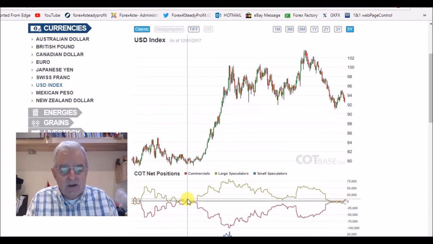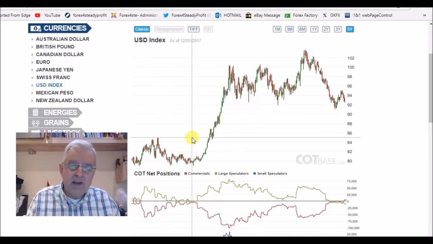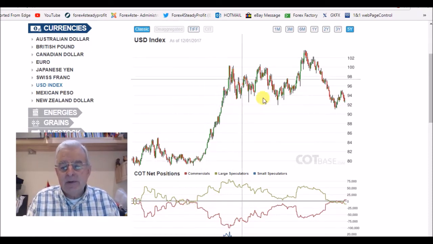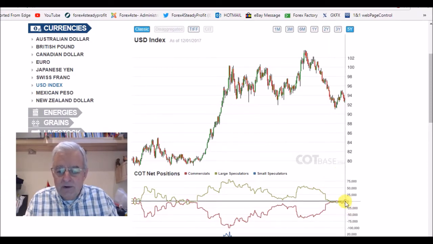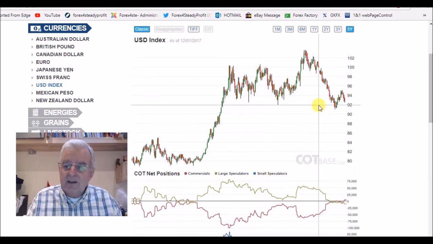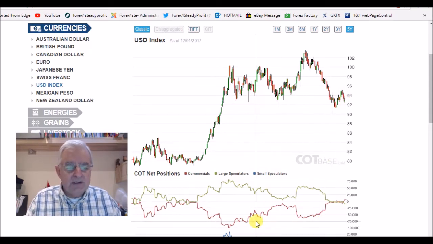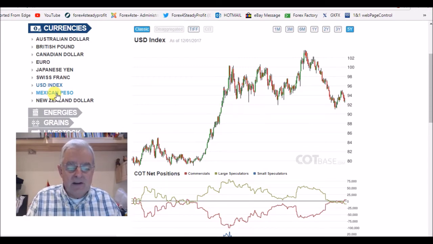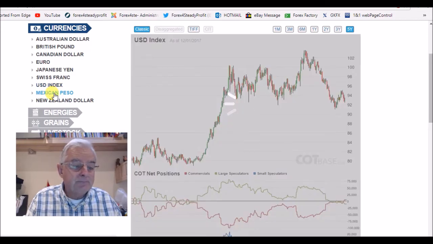So this is the last time that we were this bullish, and we had this really nice move up, and that is why I think that the dollar is going to go up. So we've had a little bit of a pullback on the last few weeks, but we'll see where that goes. I am heavily bullish of the US dollar on more or less everything apart from the Japanese yen.